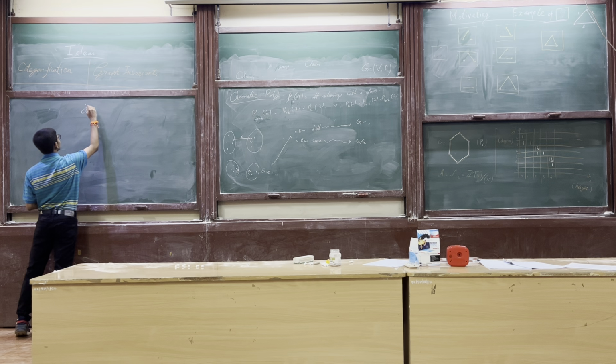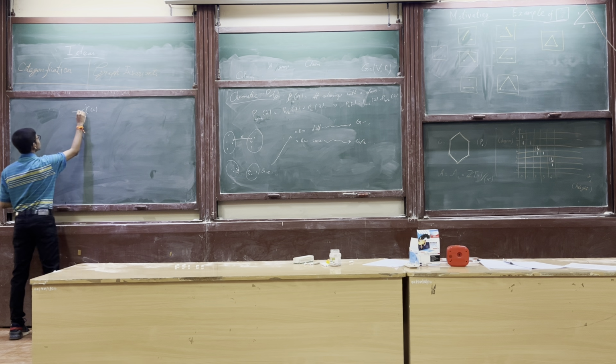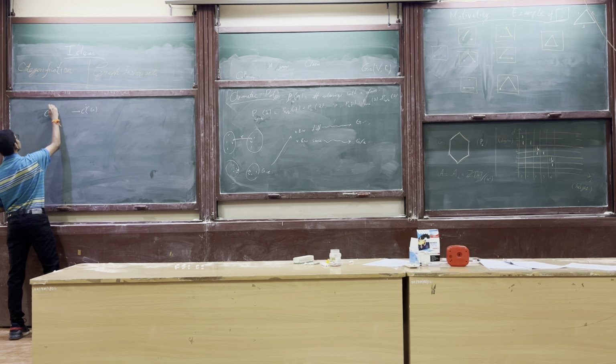This will happen to be C_{i-1} of G mod e, of G minus e. This will be the exact sequence. Spoiler: I have not even defined how to construct the chain sequence. So this is going to be the most important thing.